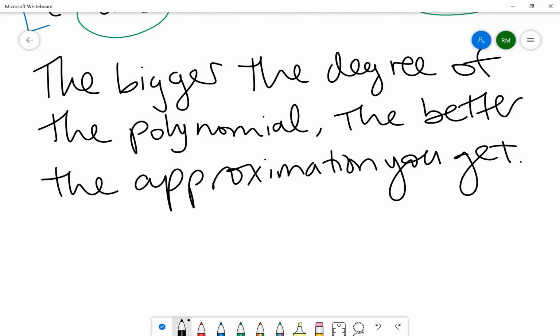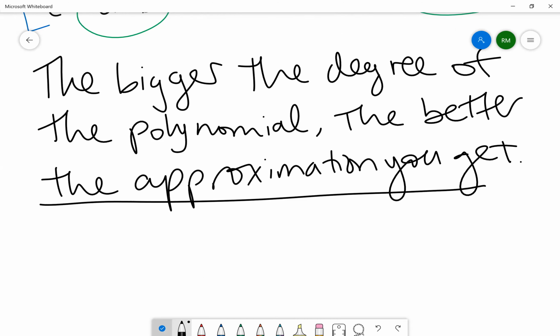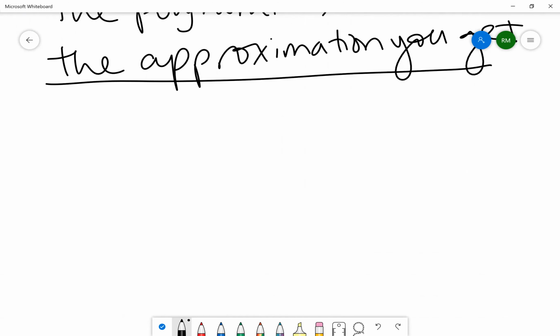So I repeat for emphasis that we are using polynomials to approximate things like e to the x because we have no other way of calculating e to the x that is more effective. So, well, we're going to generalize this, and what we generalize this to are called Taylor and Maclaurin polynomials.